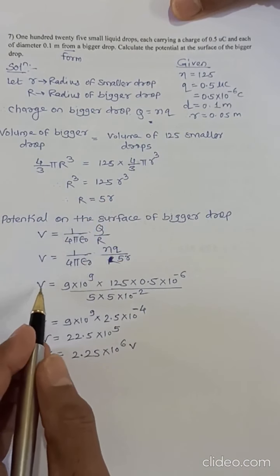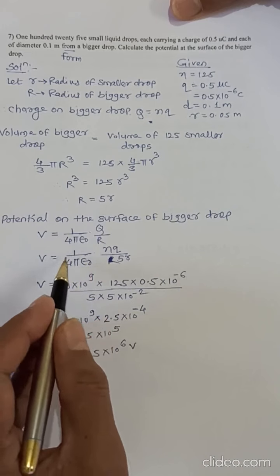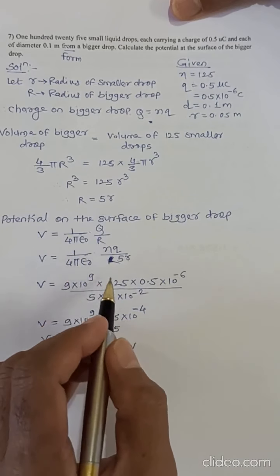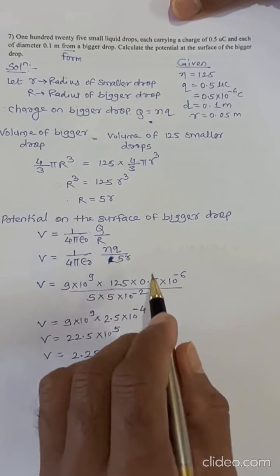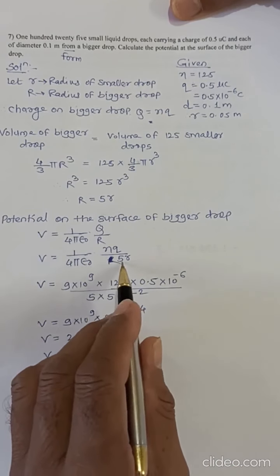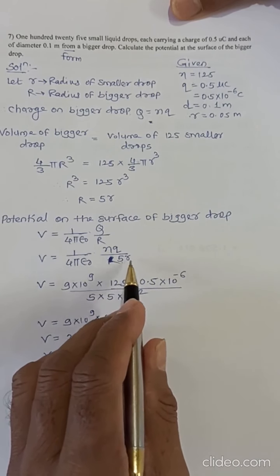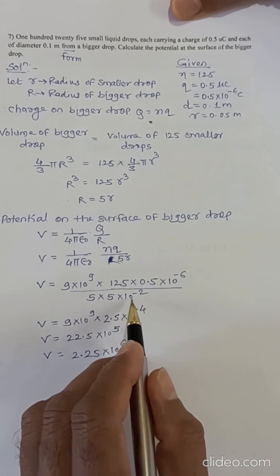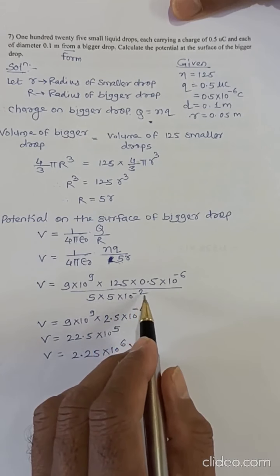So V is equal to 9 into 10 raised to 9 multiplied by N, 125, Q, 0.5 into 10 raised to minus 6 upon 5 times small r, and small r is equal to 0.05, means 5 into 10 raised to minus 2.